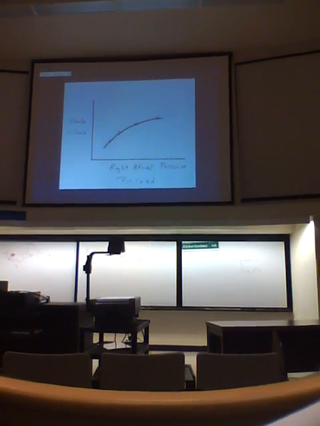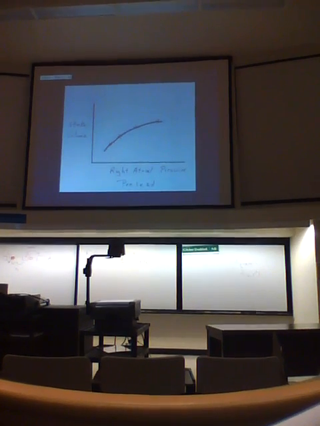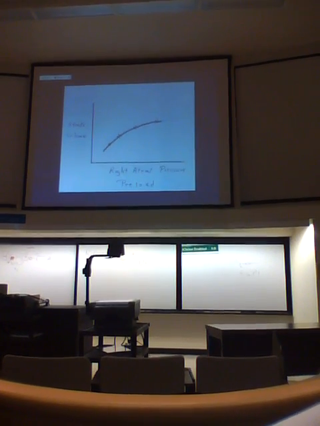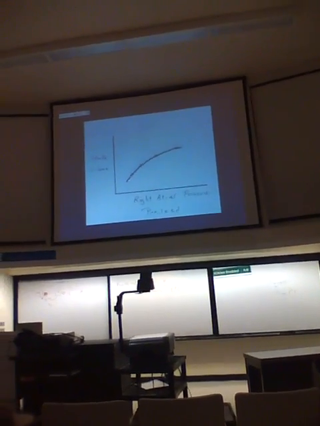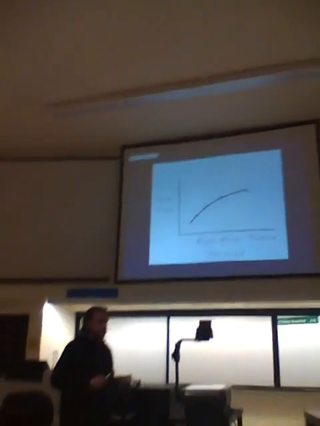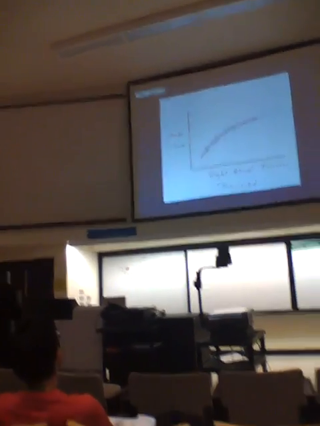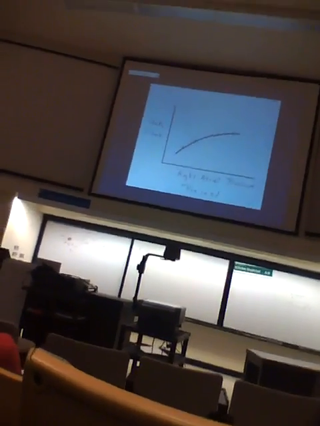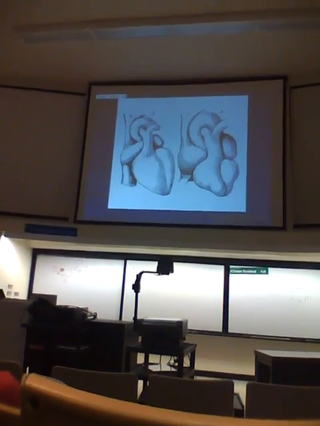So if you plot this the old-fashioned way, stroke volume versus right atrial pressure, or preload, would be left atrial pressure. As you increase preload, stroke volume increases. It's a concept. What changes preload?